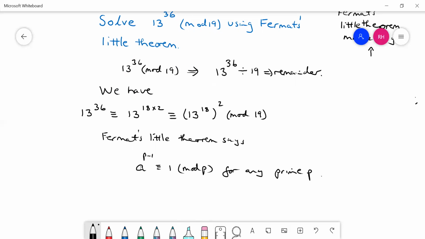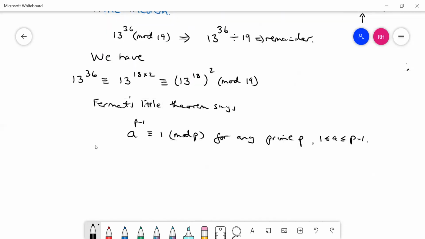At this stage, all we need to focus on is that a is between 1 and p minus 1. We can extend it a bit, but for this it will be sufficient.